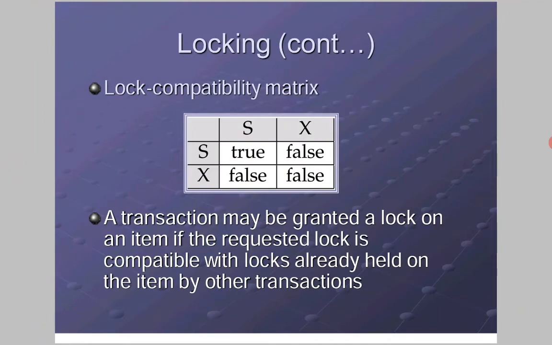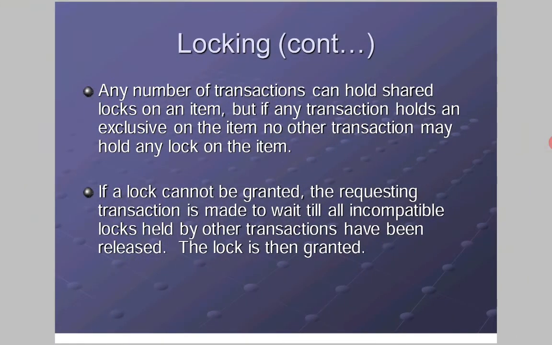A transaction may be granted a lock on an item if the requested lock is compatible with locks already held on the item. Any number of transactions can hold shared locks on an item, but if any transaction holds an exclusive lock on the item, no other transaction may hold any lock on the item.